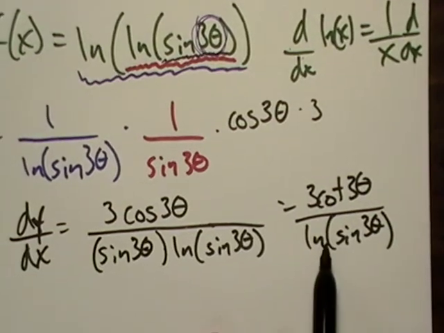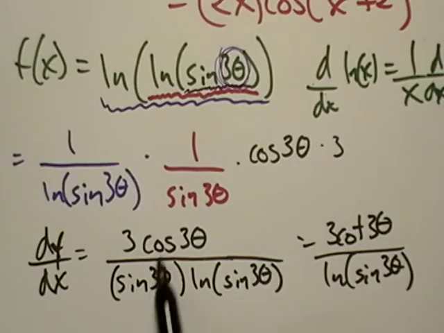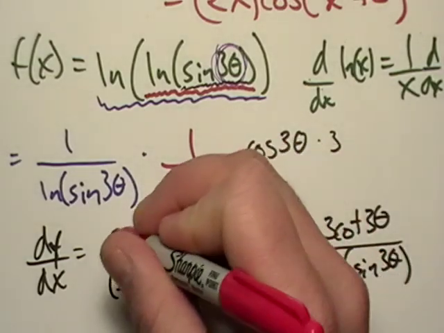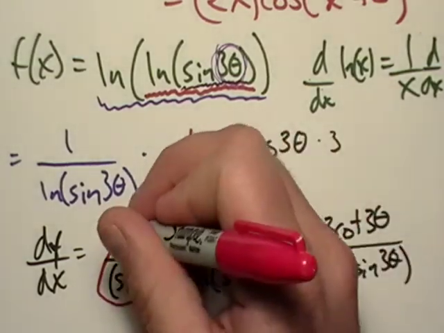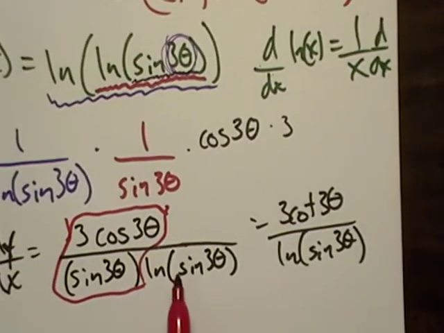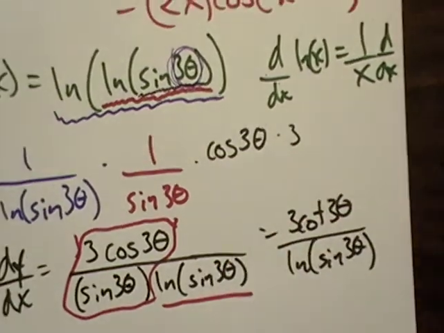And remember when I was talking to you about trig identities, it's good to be able to do that, okay? Because you've got this guy in here, and you can do something with him. But just remember that this is one piece right here, natural log of the trig function.